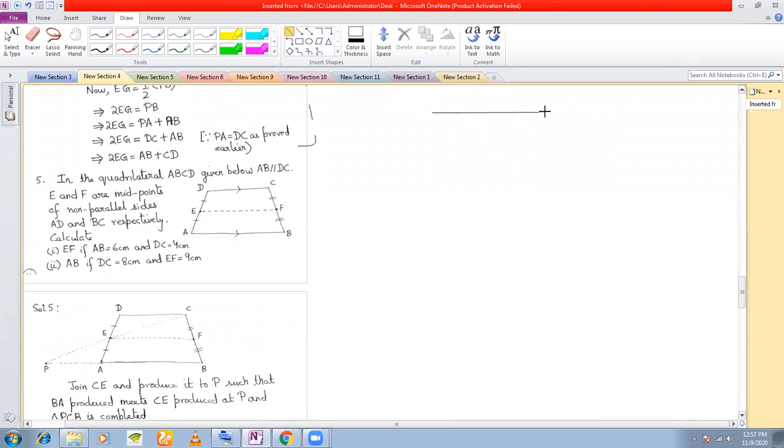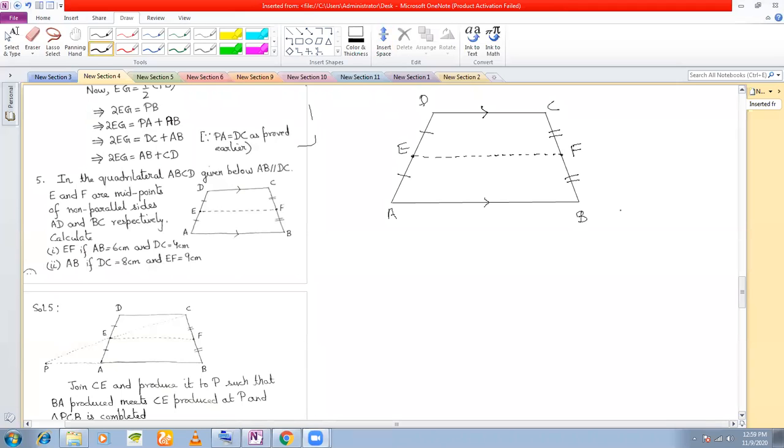Okay, let's draw this figure. So E and F are given to be the midpoints.